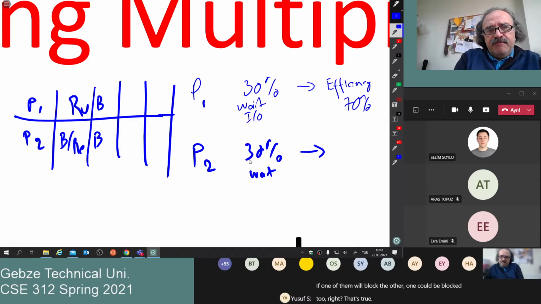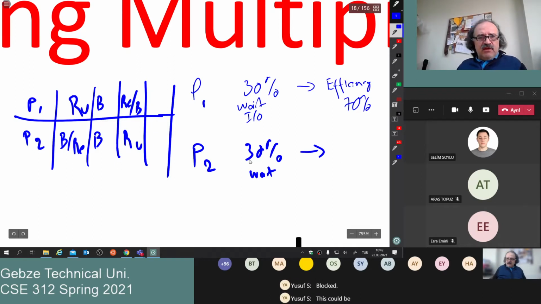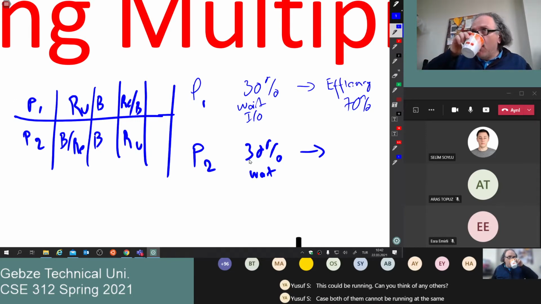If P1 is ready, P2 could be ready or blocked. This could be running. Can you think of any other case? Both of them cannot be running at the same time, right?